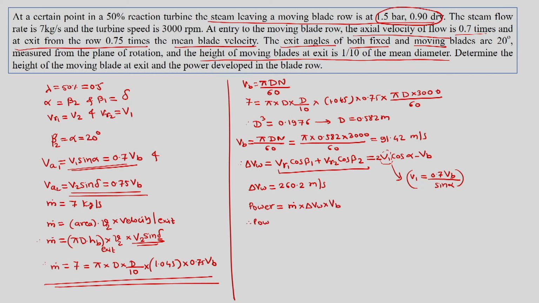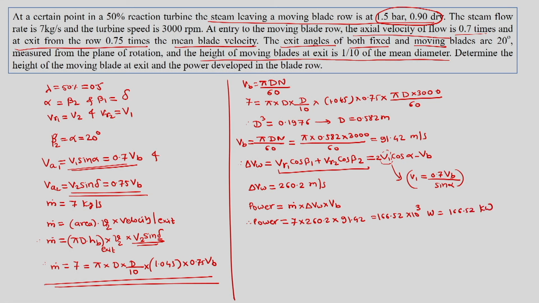So we get power, which is also called diagram power, as m dot is 7, delta VW is 260.2 and VB is 91.42. So we get 166.52 into 10 to the power 3, so it is in watt, which is equal to 166.52 kilowatt.